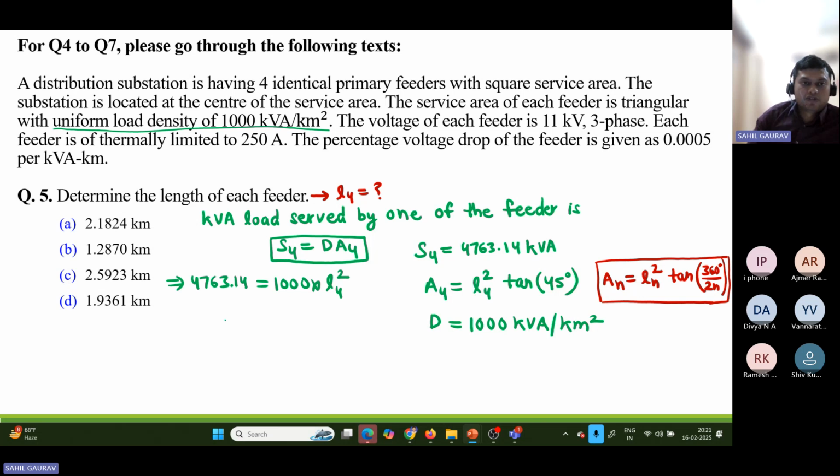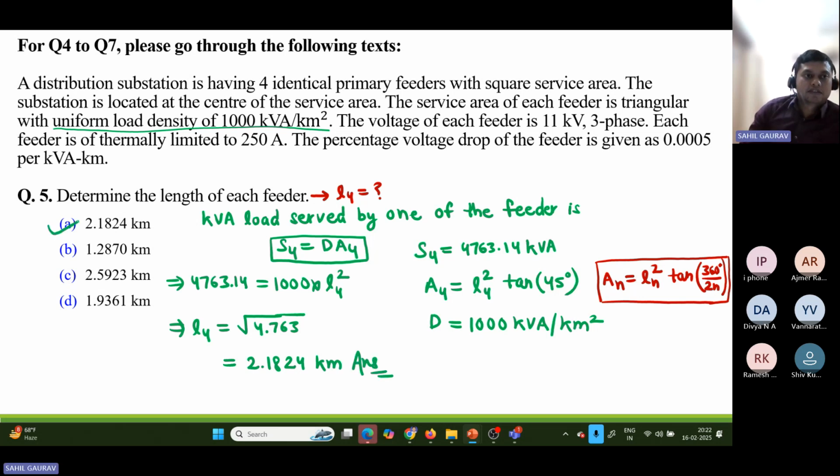So all are in kilometer. So L4 will come as the square root of 4.763 kilometer square. So it is 2.1824 kilometer. So A is the correct answer.